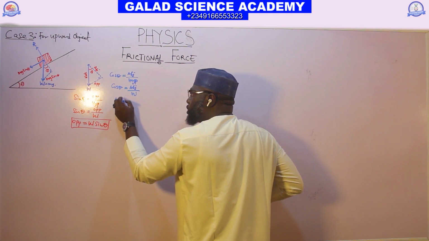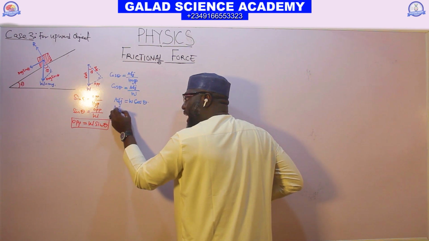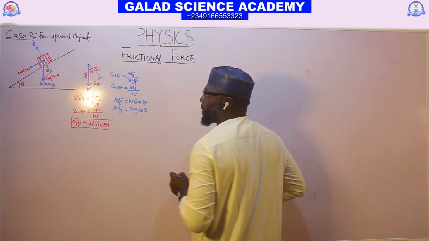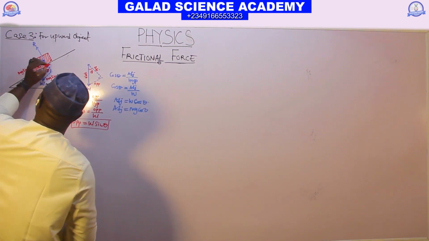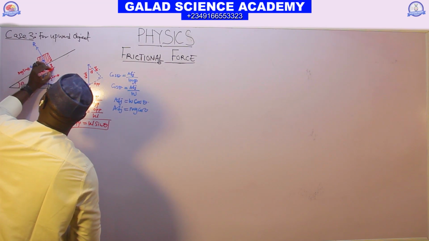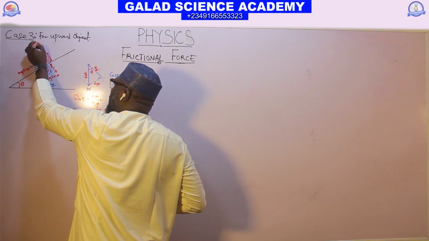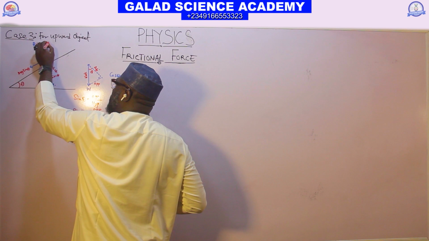So the adjacent will be weight cos theta. The adjacent will be equal to mg cos theta. So as a result of that, this side too will be mg cos theta. So therefore, the reaction is mg cos theta.